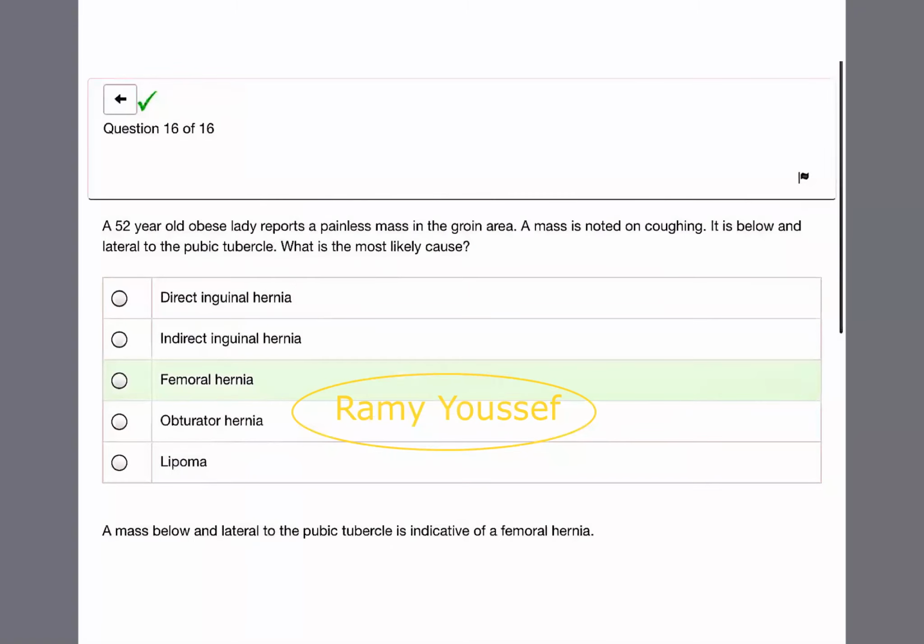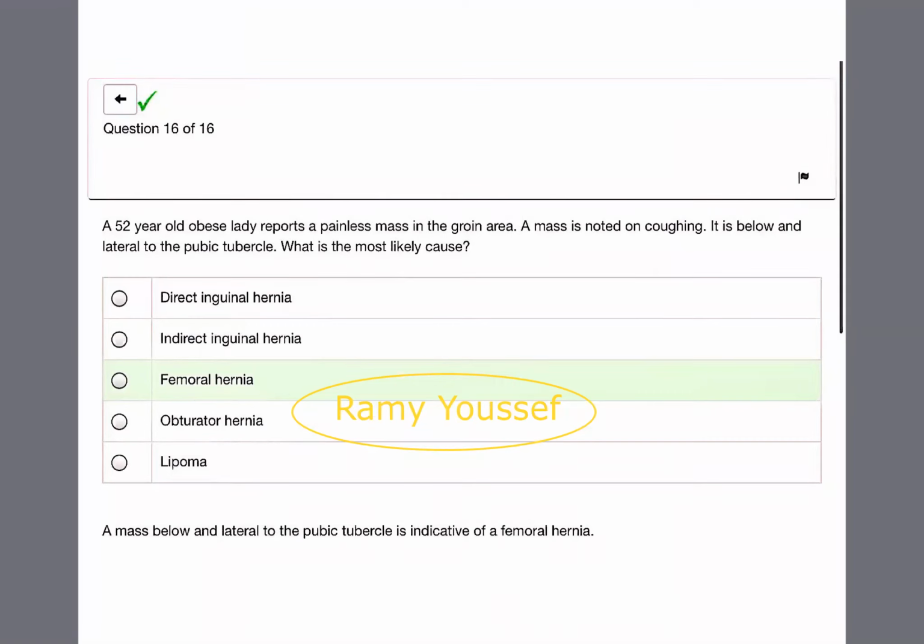So we have two questions about this. In one question, the patient has pain in the groin area and on flexing the hip, and on examination you just find some pain, and she has abdominal obstruction.